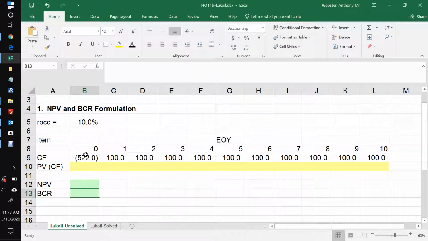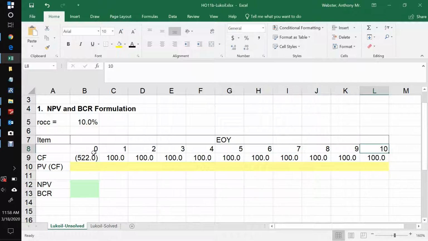So let's start with the NPV and the BCR. The way I've laid this out is the way these things are always laid out in the real world in finance. For any given project, you put down the time of all the cash flows for one player for this project. Again, don't confuse your participants.